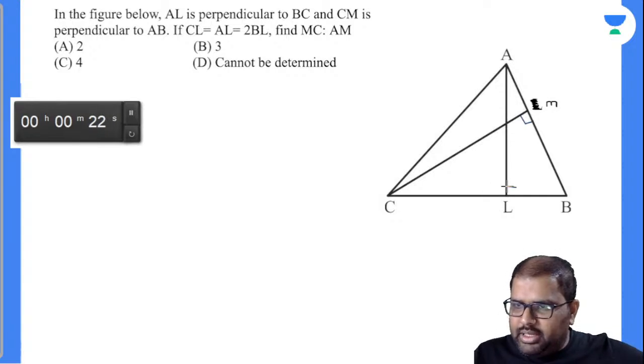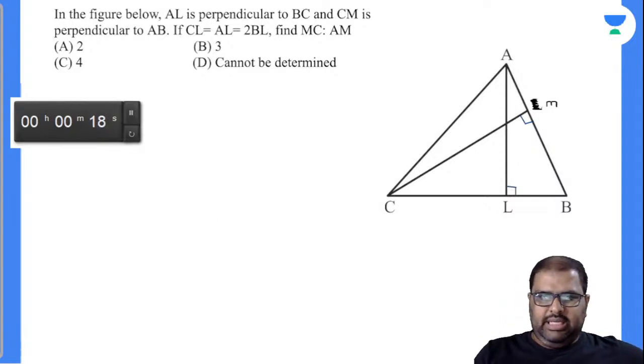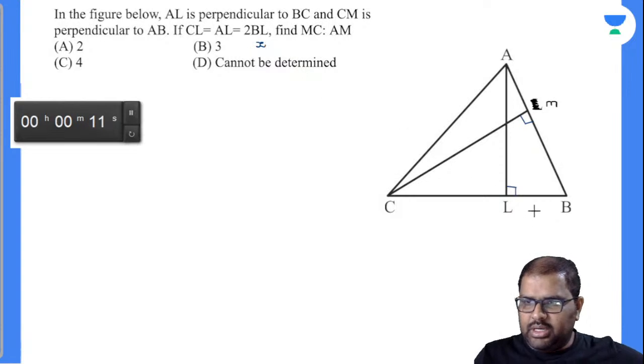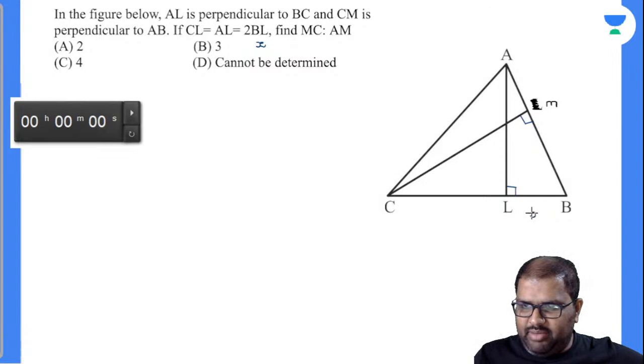If CL is equal to AL and is equal to 2BL, let me take BL as X. Sorry, 2 into BL means the reverse. So my BL will be X, my CL will be 2X, and my AL will be X.